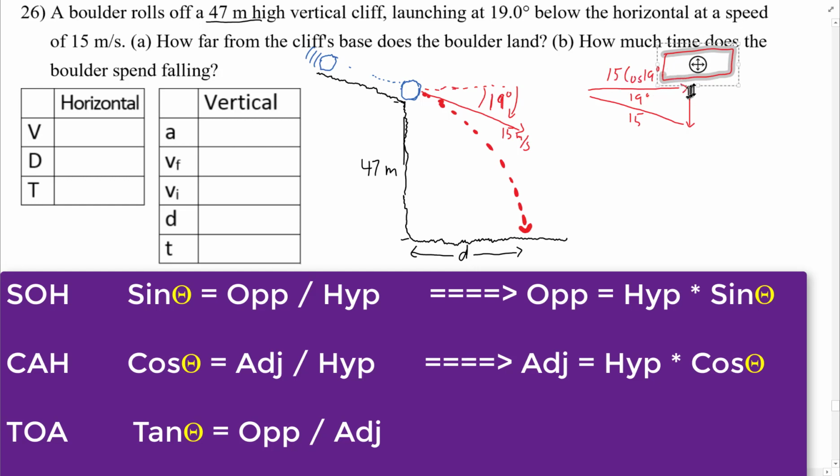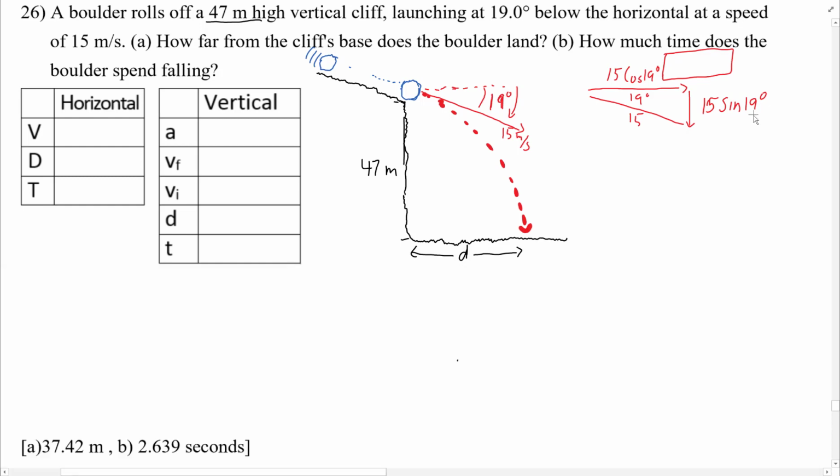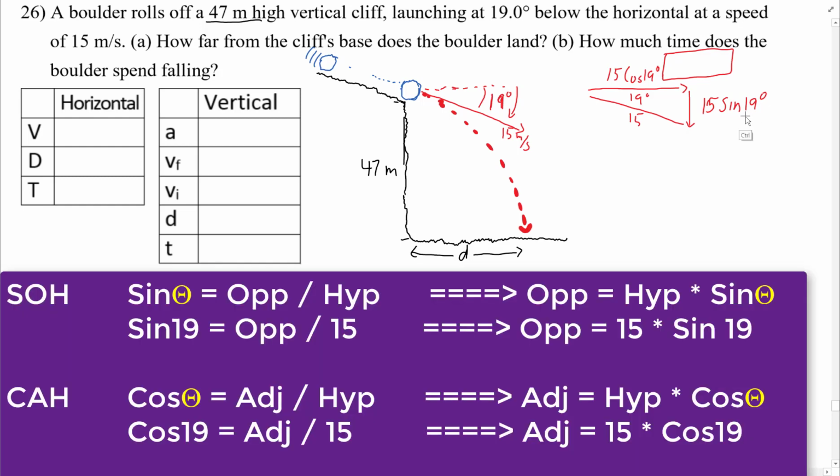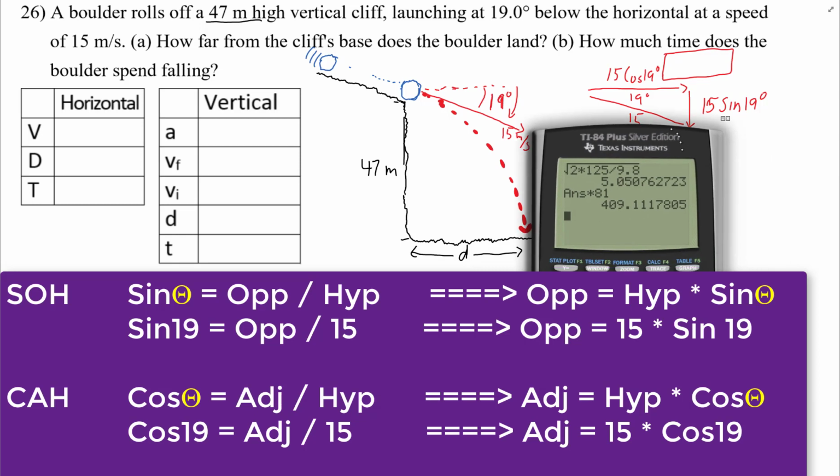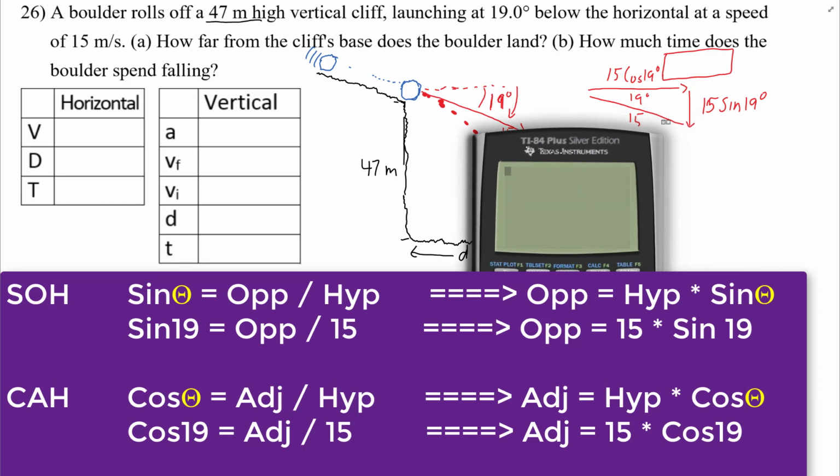And consequently, across the way, we have this opposite. And so we have to use the sine, because we have the hypotenuse and we have the opposite. So SOH, opposite. That'll always be the sine. So we get 15 sine 19. We just quickly plug them into the calculator.